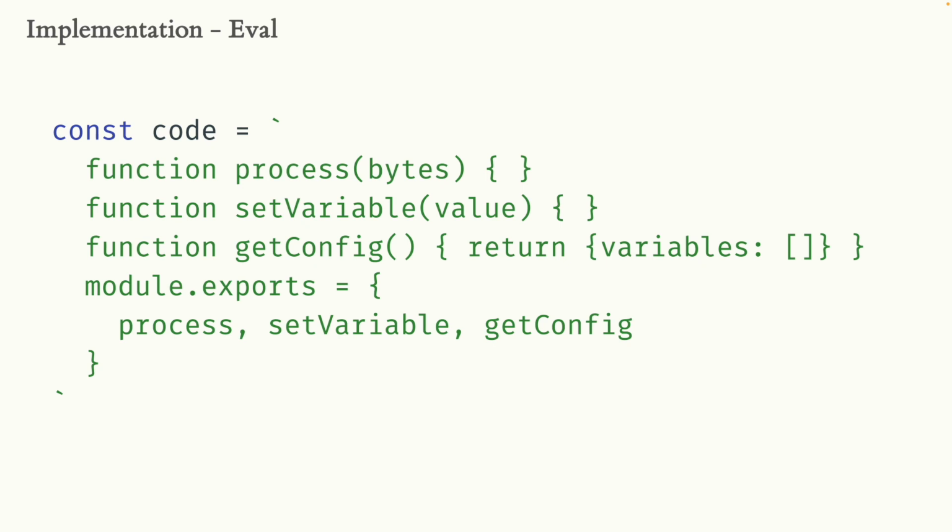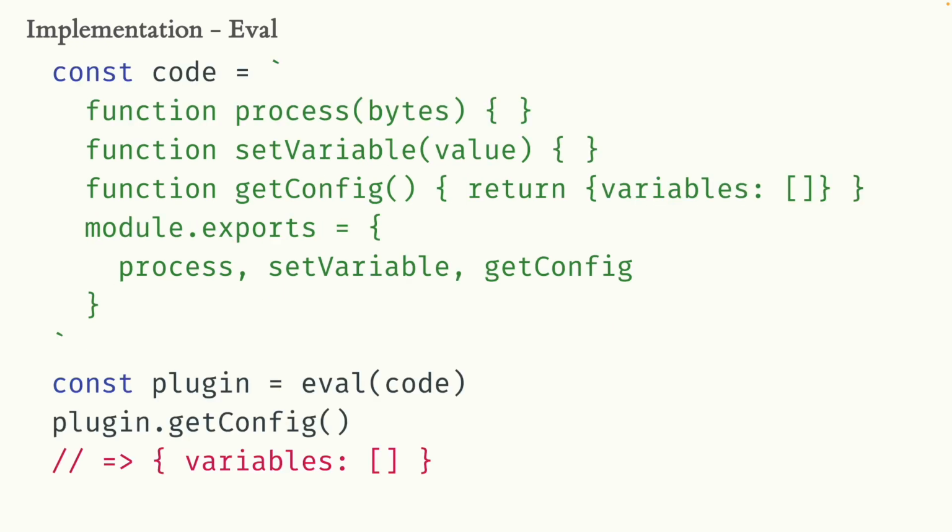Ignore the fact that this changed to CJS format, but it's the same thing. It just exports the three functions. But your code is now in string form. How do we actually run this? Well, you just evaluate it, and then you can get access to those functions.